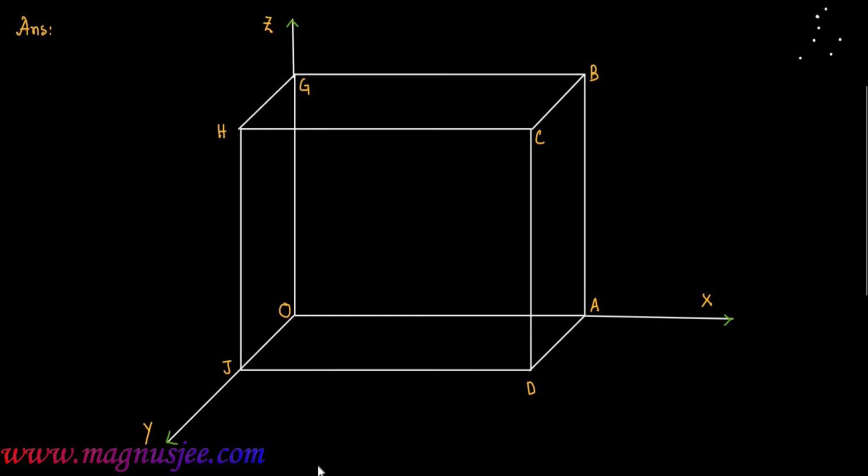Similarly, OGHJ is another vertical wall of the cubical container. ABCD OGHJ is a cubical container containing an ideal gas of mass capital M and volume V.